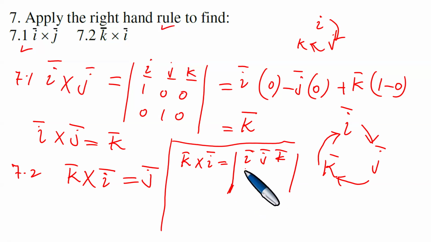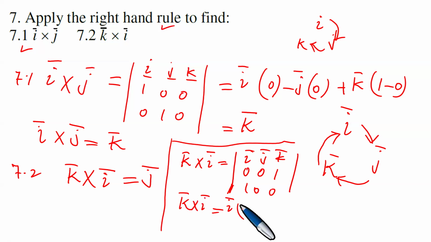That would be 0, 0, 1 for the first one, and 1, 0, 0 for the second vector, and this becomes K cross I. Therefore, this is exactly I. If you block this column and this row, you'd have a 0 here, minus J, and you block this and that, you'd have a minus 1 plus K.